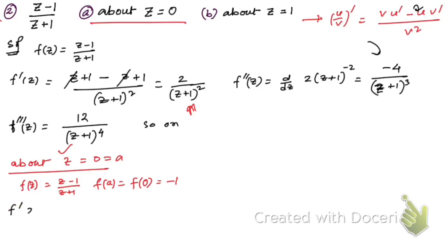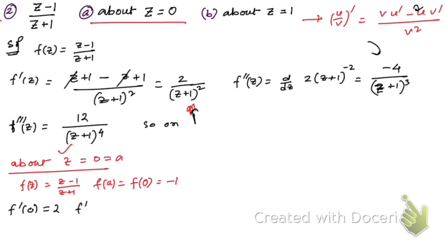As you can see, f dash z is 2 by z plus 1 whole square. So f dash of a, where a is 0, z is replaced by 0, giving 2 by 0 plus 1 whole square, means 2 by 1 square, that's equal to 2.